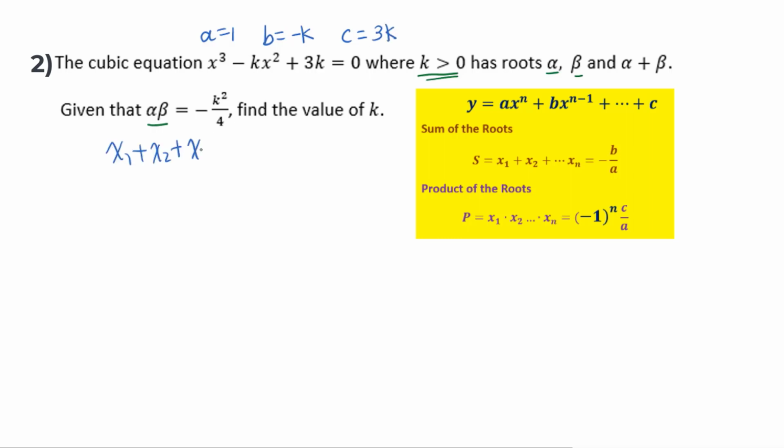The sum of roots equals negative b over a. We plug in alpha plus beta plus alpha plus beta equals negative b over a, which will be k. Organize, you will get 2 times alpha plus beta equals k.